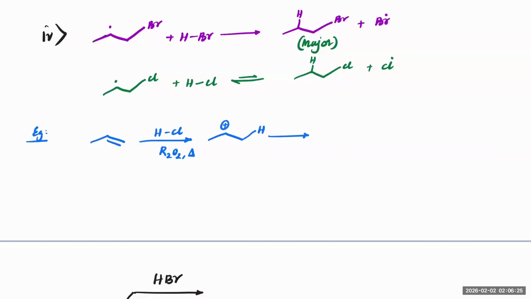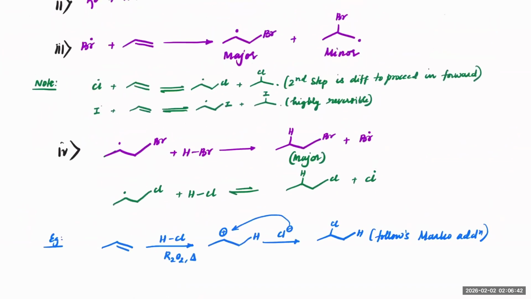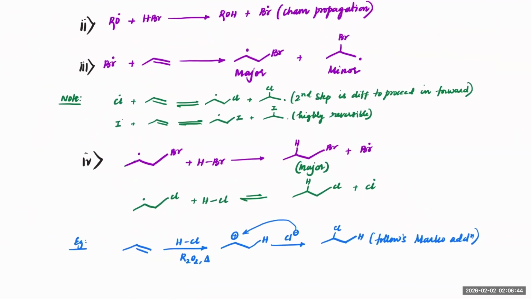First, a carbocation will form, Cl minus will attack. So it will follow Markovnikov addition only. So with peroxide or without peroxide does not make a difference in HCl. It only makes a difference in HBr.